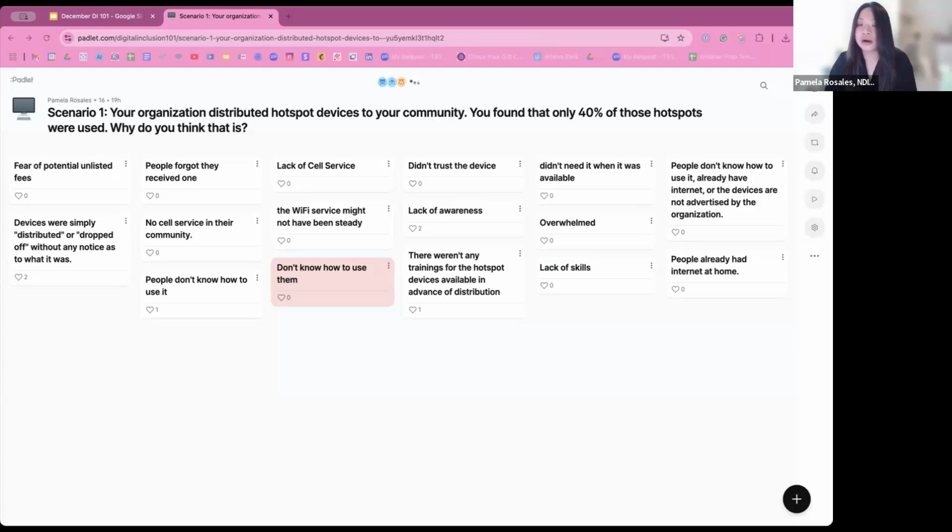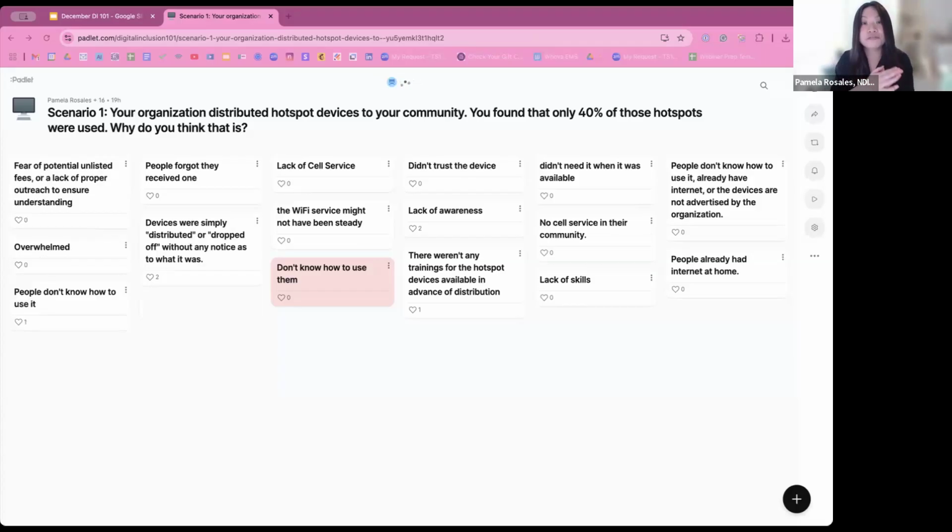People are also talking about not having support, not having proper training on how to use a hotspot, how to connect it to your device, what a hotspot is, how to make sure that your information is safe. Fear of potential unlisted fees. Exactly. So there's a lot of fear and misconception or just questions that people might have that there was nobody there to help answer.